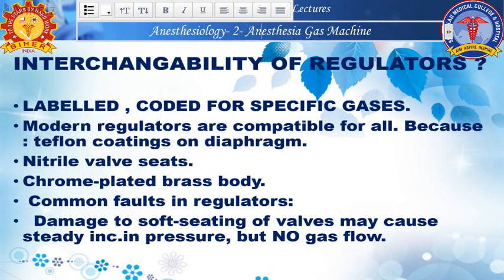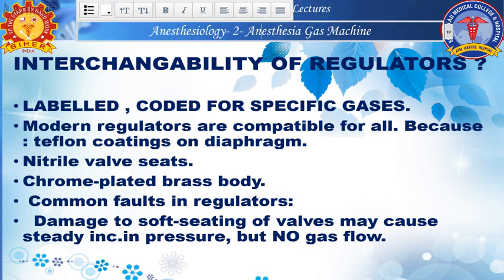Previously, in the older machines, the pressure regulators were color coded, and now also color coded, but they were coded for specific gases. Now the modern regulators, fortunately, are compatible because the Teflon coatings on the diaphragm can withstand varying pressures or extremes of pressures. That's the main reason we now have pressure regulators compatible with any gas.